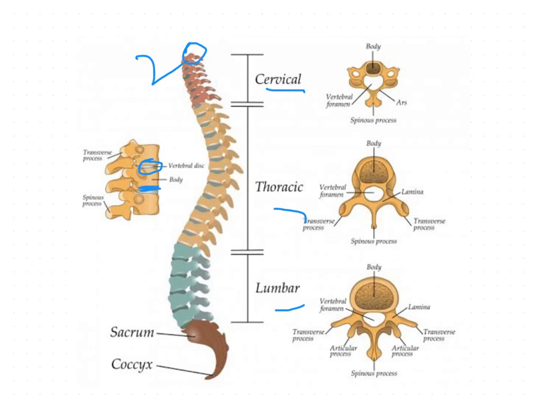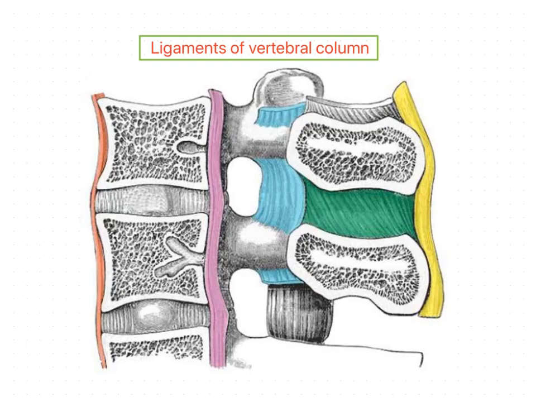After that, we are going to discuss the ligaments attached to the vertebral column. These can be studied under two headings: the intersegmental system and the intrasegmental system. Like that we are going to discuss the ligaments of the vertebral column.